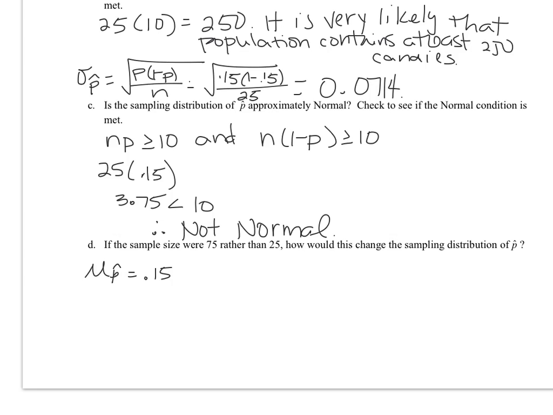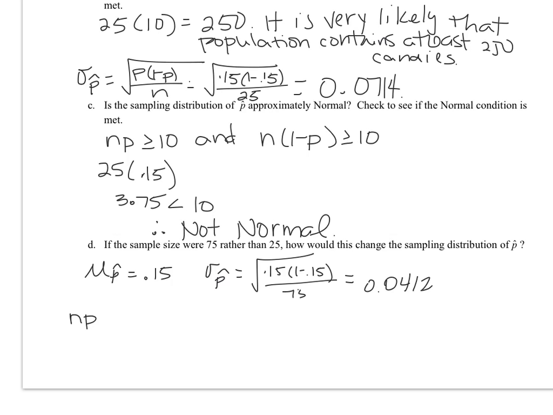So since standard deviation is a type of variability, the standard deviation should get smaller. So we have our square root of 0.15 times 1 minus 0.15 divided by 75 now, which is now 0.0412, which got smaller.